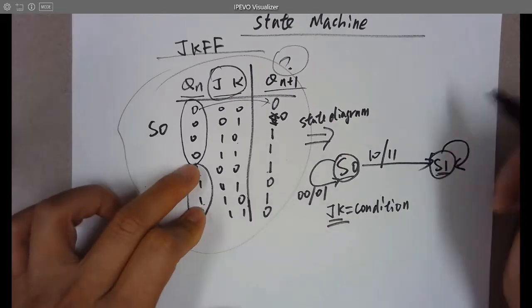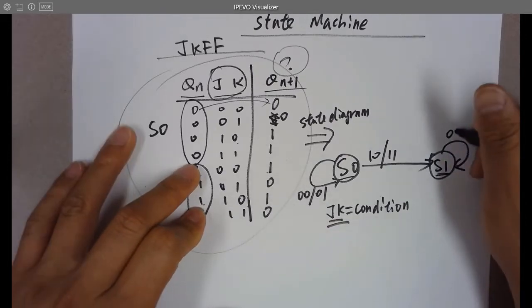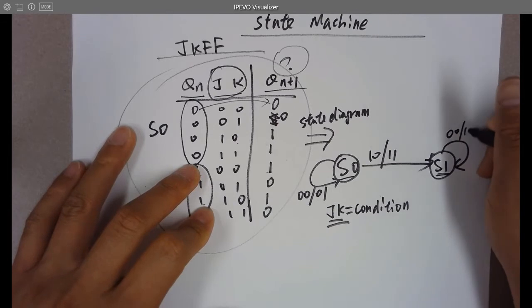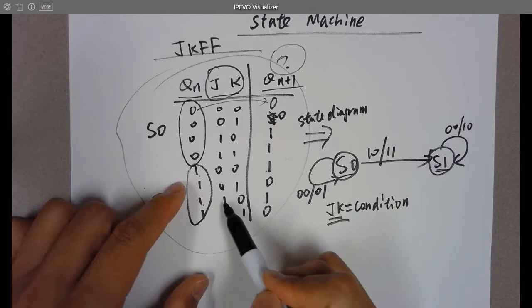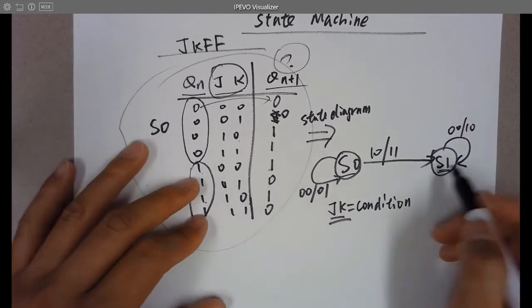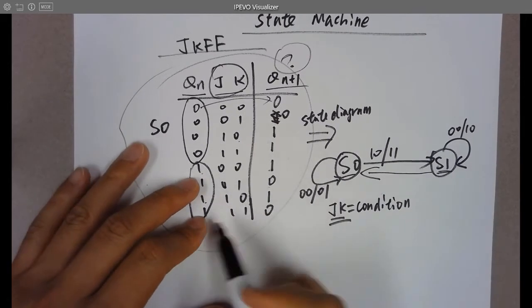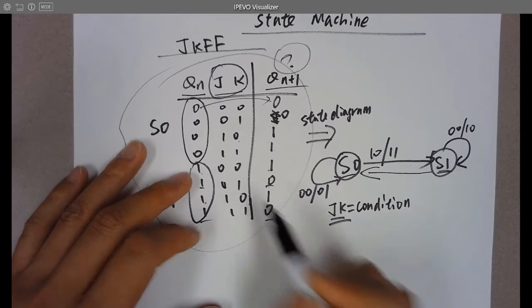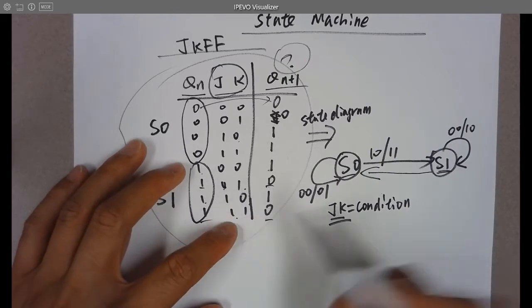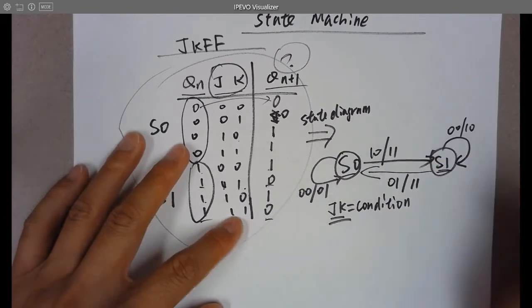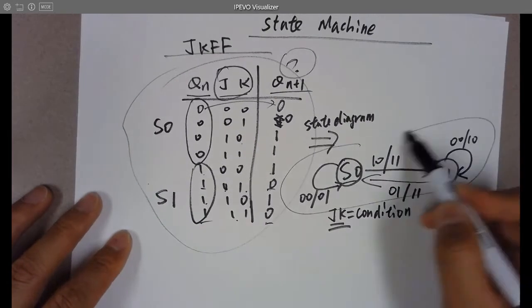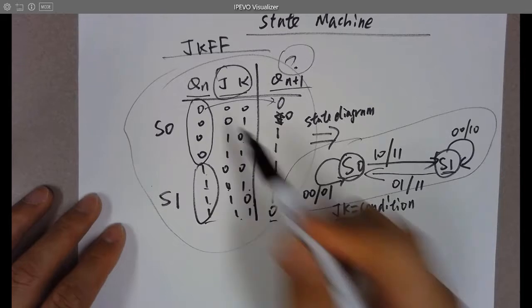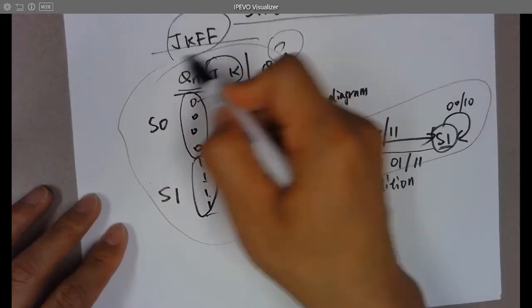So the condition is 0, 0 and 1, 0. And also you have the state jumping from 1 to 0. Just go back. 1 to 0. So the conditions are 0, 1 and 1, 1. All right. So that's the complete state diagram for this JK flip-flop.